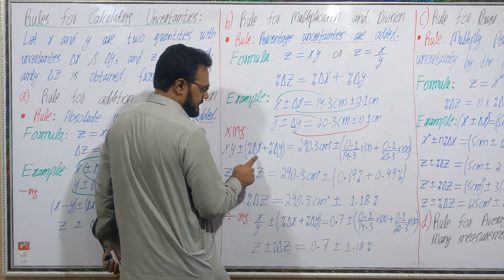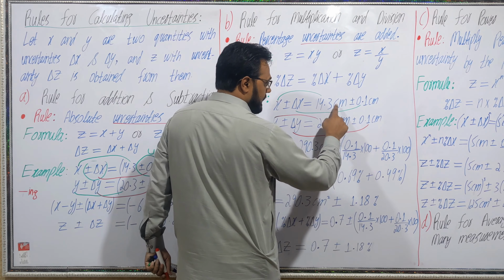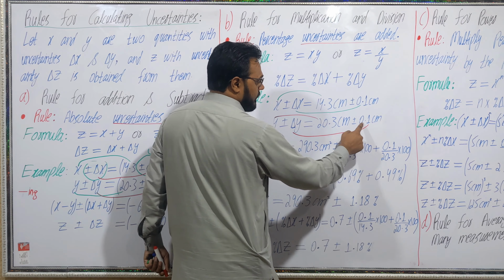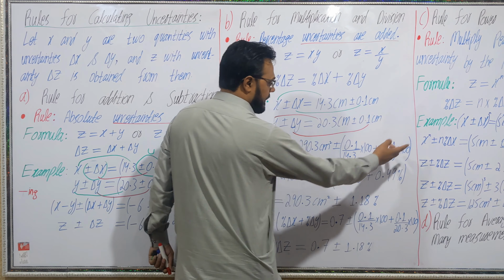Then plus percentage uncertainty in y. Similarly, 0.1 divided by 20.3 multiplied by 100. This is the percentage uncertainty in y.